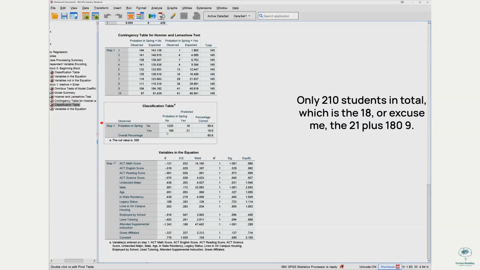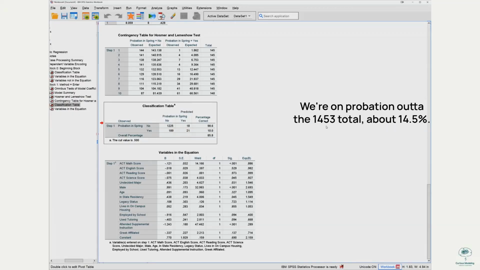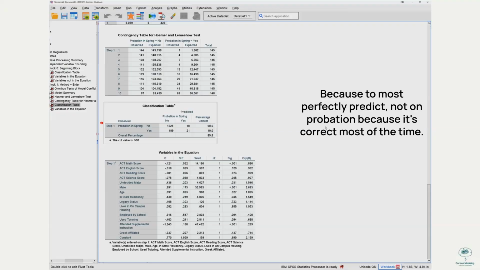Only 210 students in total, which is the 21 plus 189, were on probation out of the 1453 total, about 14.5%. So the model leans on the safe side because it can most perfectly predict not on probation because it's correct most of the time.